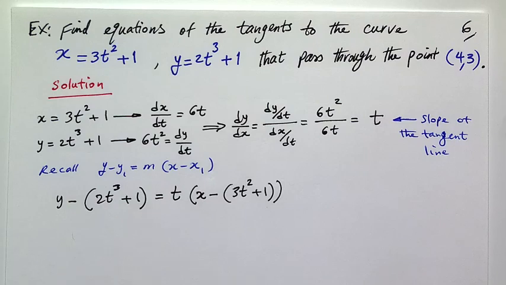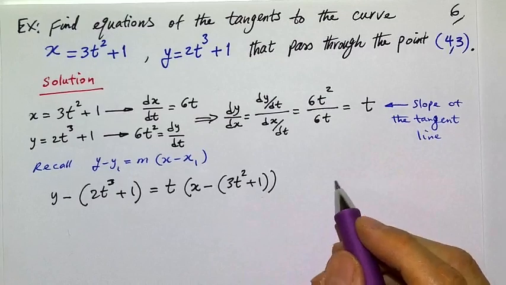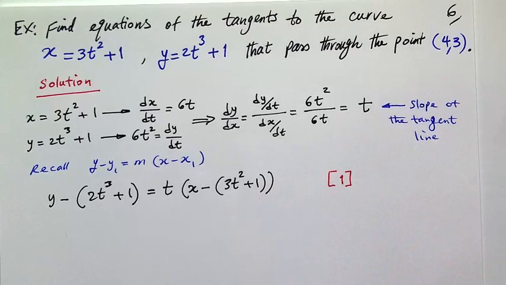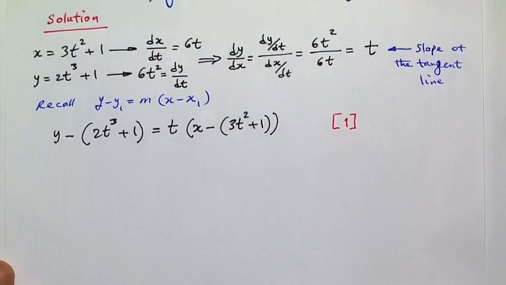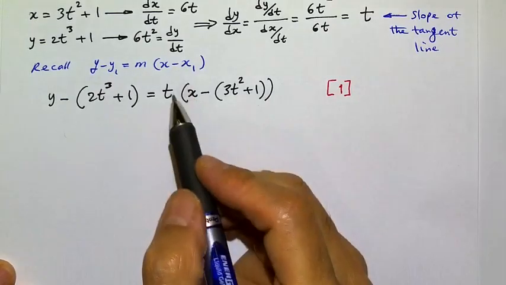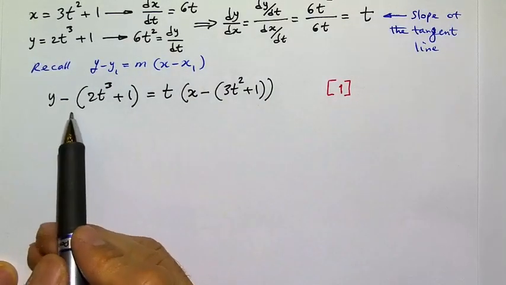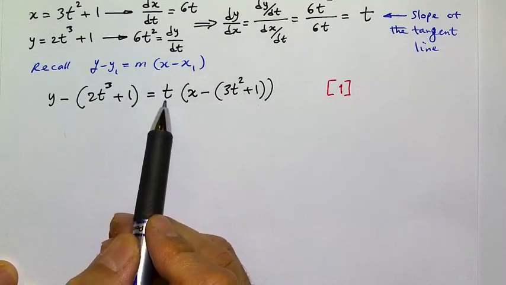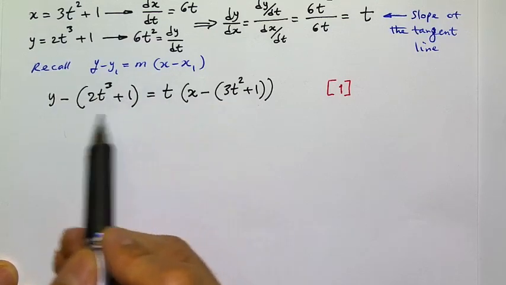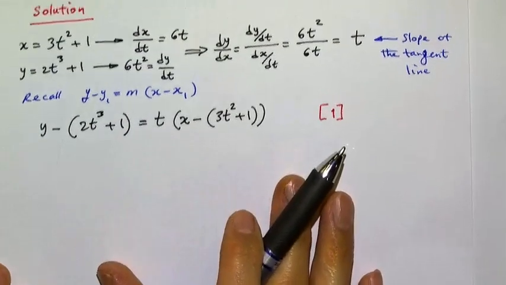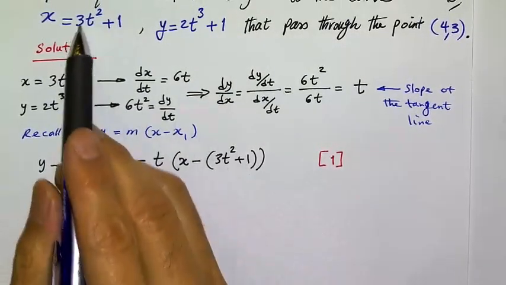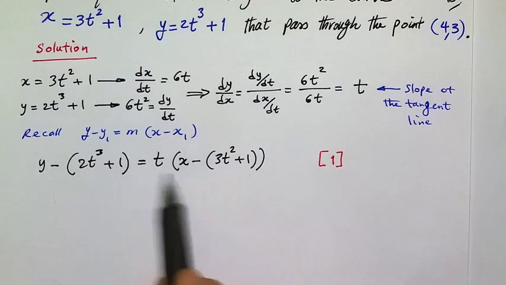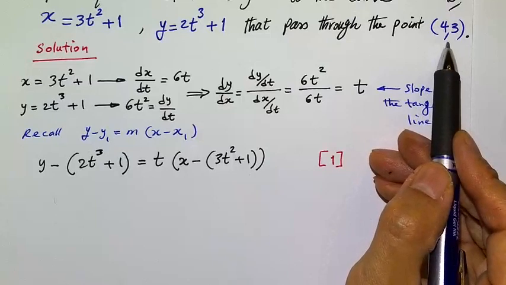So let's call this, because this is an important equation, we will refer back to it again, equation 1. Okay. Like that. So now we know the slope of the tangent line, t, and we used the entire y equation for our y1 and the entire x equation for x1, but we are told that this has to go through this point, 4, 3.